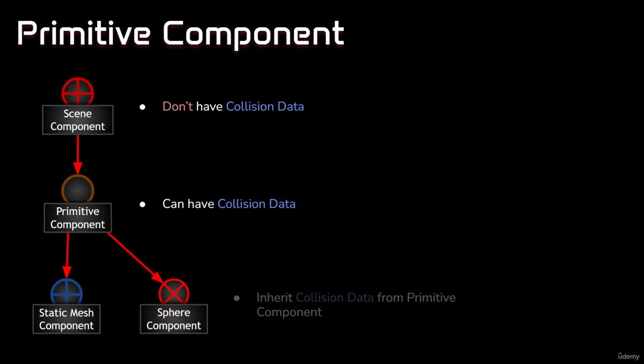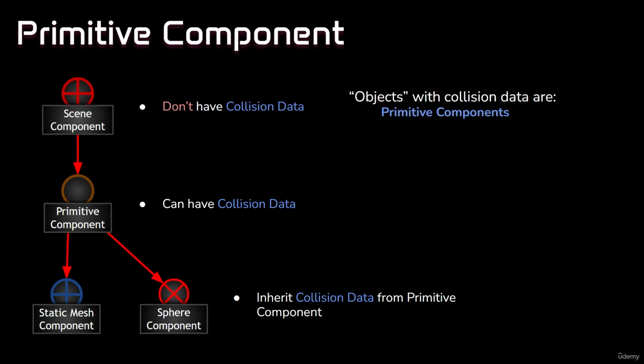Therefore, they inherit the ability to have collision data. When we speak of objects colliding or coming into contact with other objects, we are really speaking of primitive components. Static mesh components, sphere components, capsule components, these are all classes derived from primitive component. Therefore, they have collision, etc.